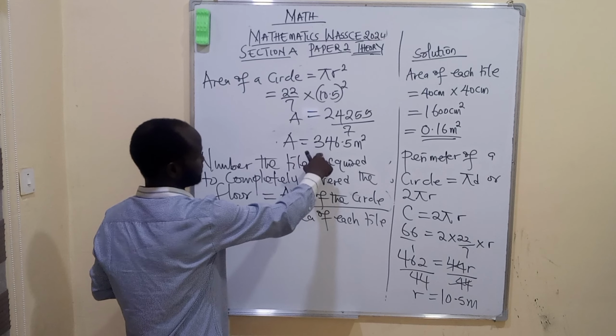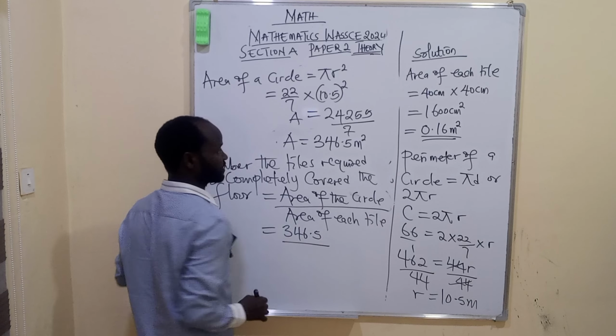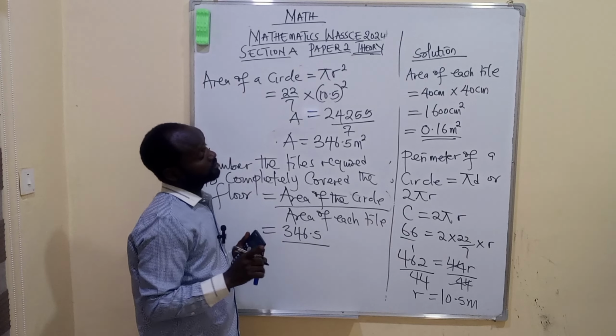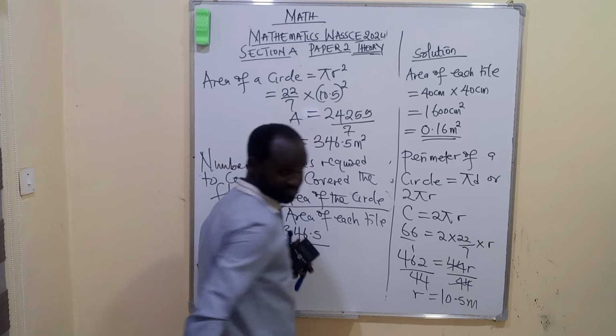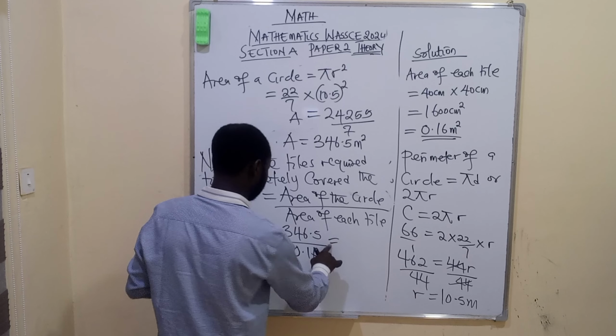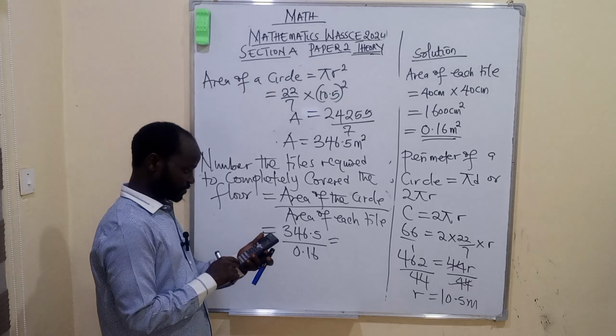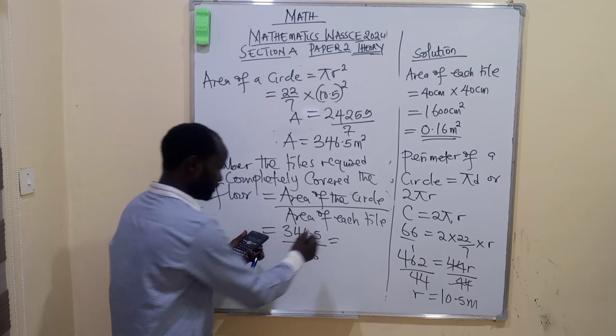So the area of the circle is 346.5, divided by the area of each tile, which is 0.16 meter square. So divided by 0.16. So what will be the answer? Let's divide now.